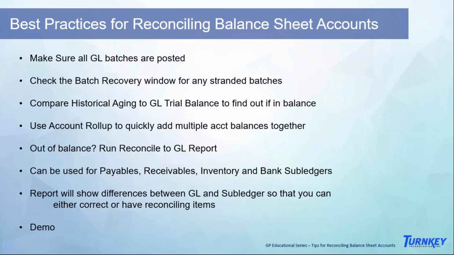So like I said, you'll run the historic trial balance reports and match them to the GL. If there is a discrepancy, the first tool that we always go to is the Reconcile to GL report. And I'll show you that here in a second.